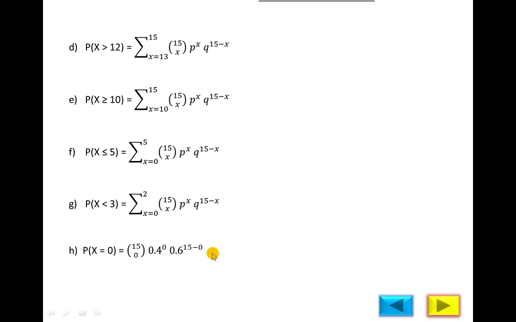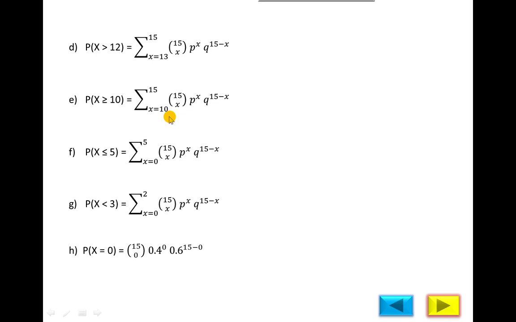But this procedure, this calculation, is very lengthy and time consuming. For one value, two values, three values, you can calculate directly using the formula.